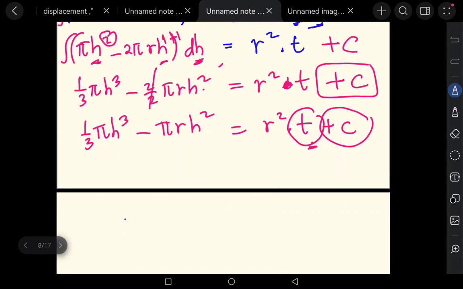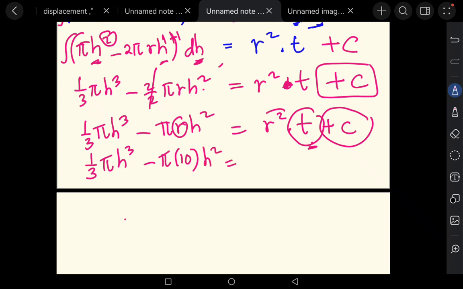So let's insert this one: 1/3 pi h cube minus pi, radius is 10, times 10 times h square, radius 10 squared is 100, times t, and t is 0, so plus c.